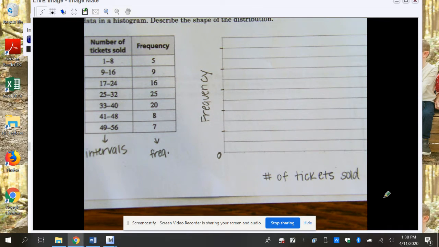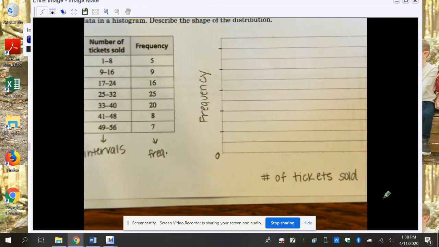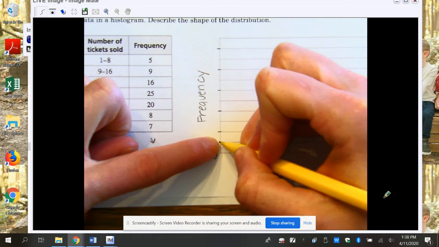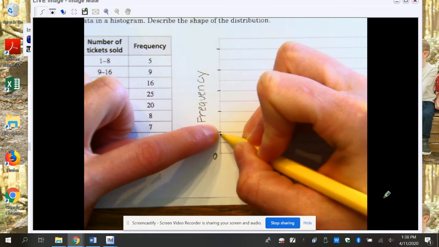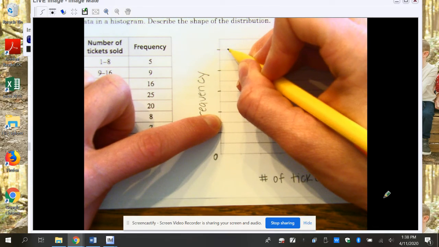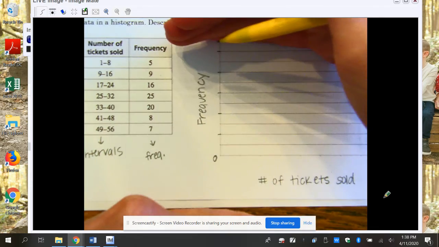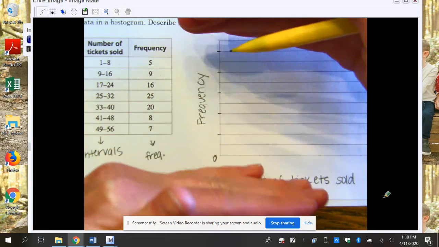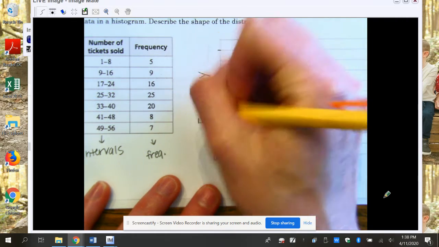You want to use as much of your graph as possible, so I probably wouldn't want to do 10, 20, and then 30, because then I'd have this whole space up here that wouldn't be used. So you always want to make your interval as tall as possible, taking up as much of the space as you can.